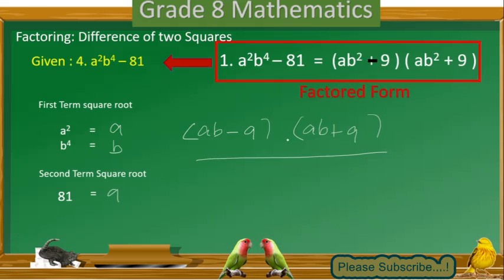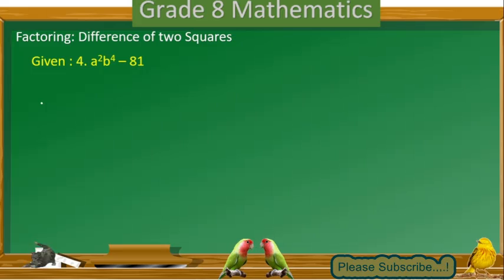So without doing this part, we can solve it by just writing equal sign, 2 parentheses. So remember that if the given looks like this, then you can solve it in this way. So first, we're going to identify what is the square root of this one. For a squared, that is a.